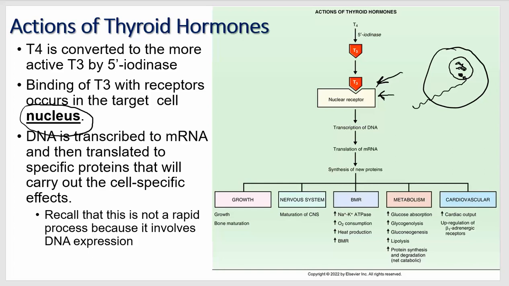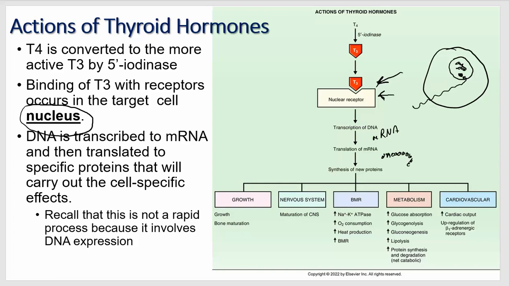So DNA is transcribed to mRNA, so it binds this receptor, and then that will activate the DNA of whatever cell this is, and will tell it to start making proteins. So transcribe DNA, which means make an mRNA copy, and then translate that mRNA to make a protein.